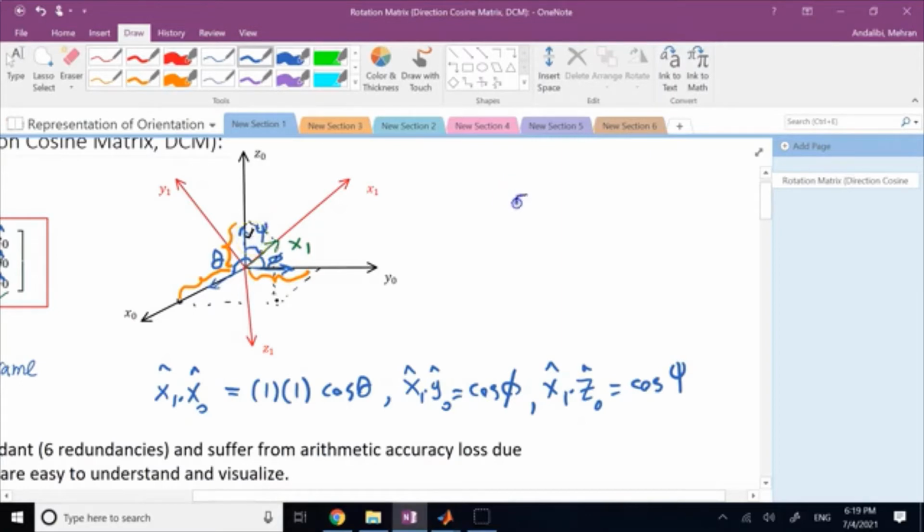Okay, so you see the first column of your R matrix is going to be cosine of theta, cosine of phi, and cosine of psi, correct?